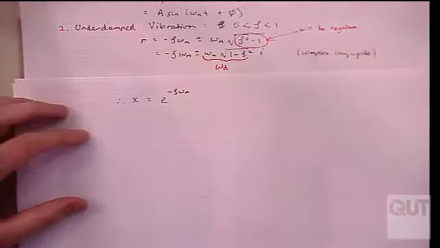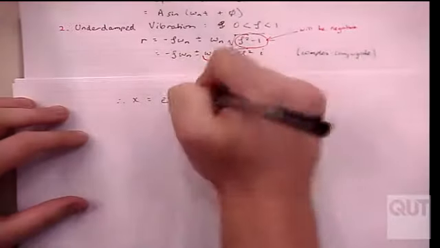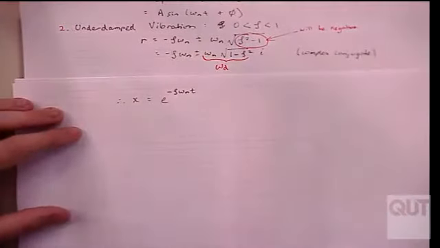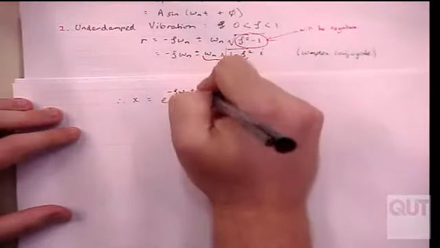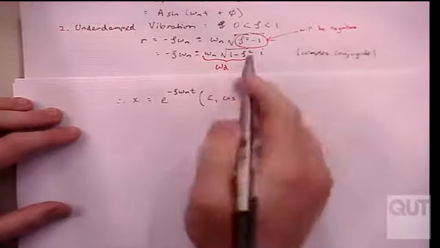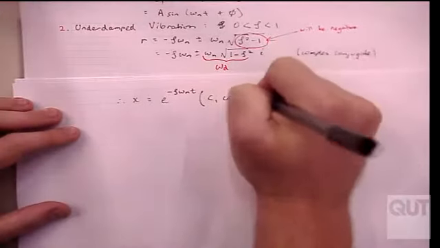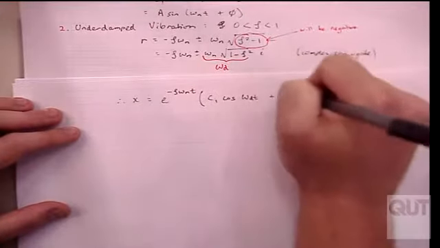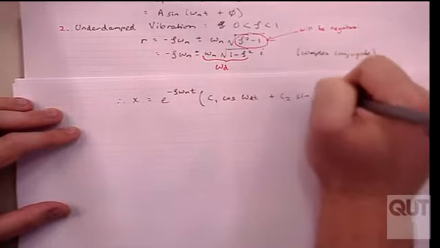So what we get is our solution for x. We get e to the power of the real component of our solution, so e to the power of that times t, times c1 cos omega d t, the imaginary component, plus c2 sine omega d t.